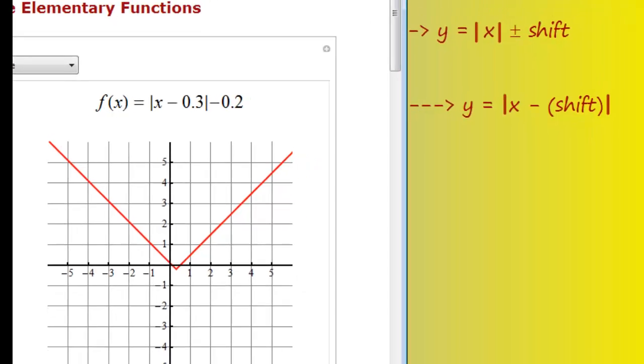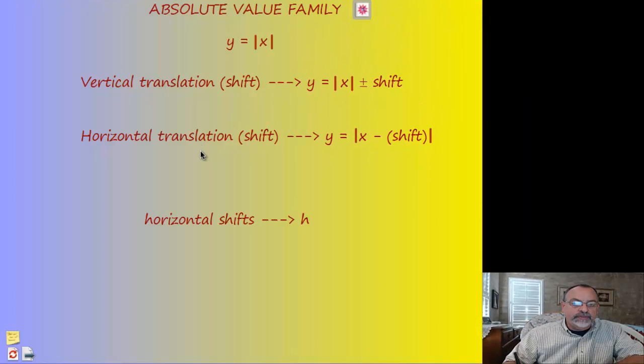Okay, so these are all the same function, and in order to put an equation together, in mathematics we call horizontal shifts H, and we call vertical shifts K. And again, H and K you're going to see for the rest of the year, because all of these shifts that we're talking about will apply to every other function that we look at.